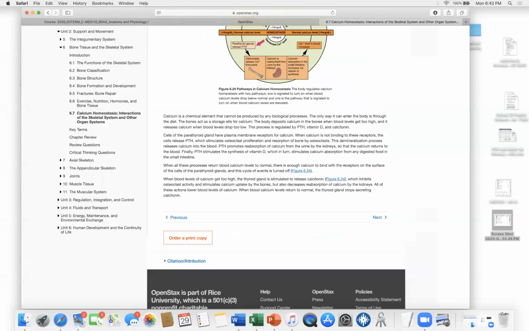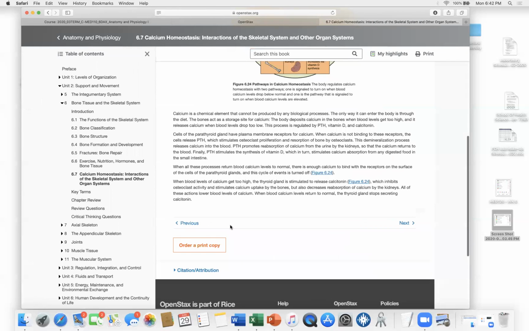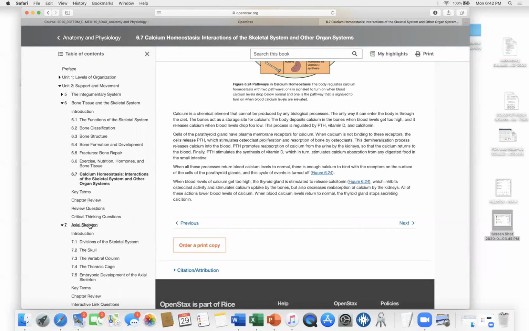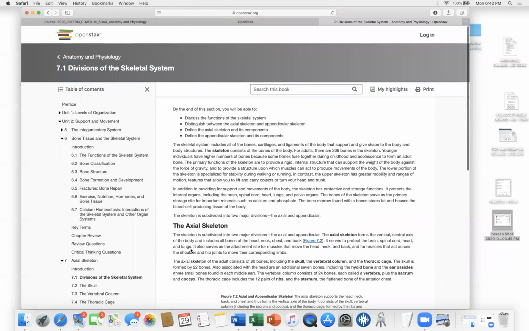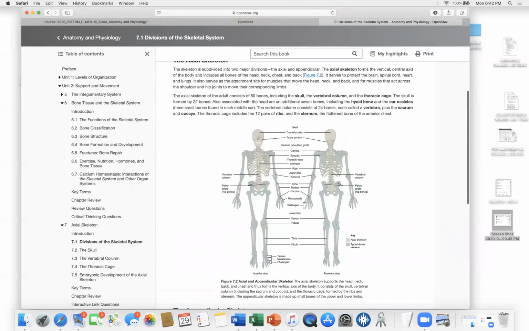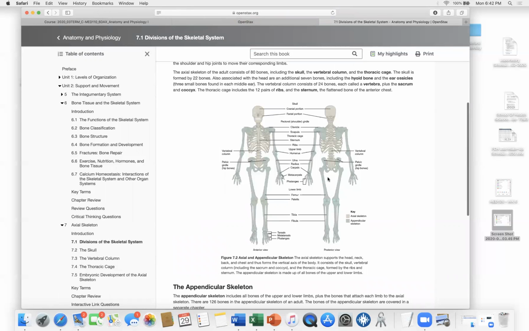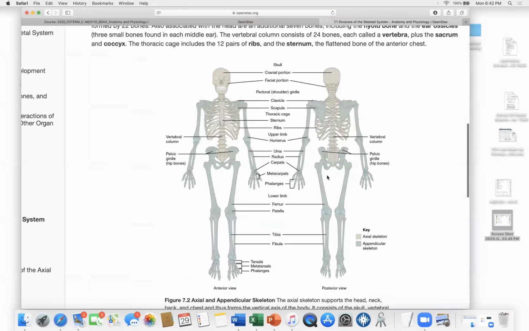Now let's look at the bones, the actual bones. Another division besides long, short, flat is axial versus appendicular.